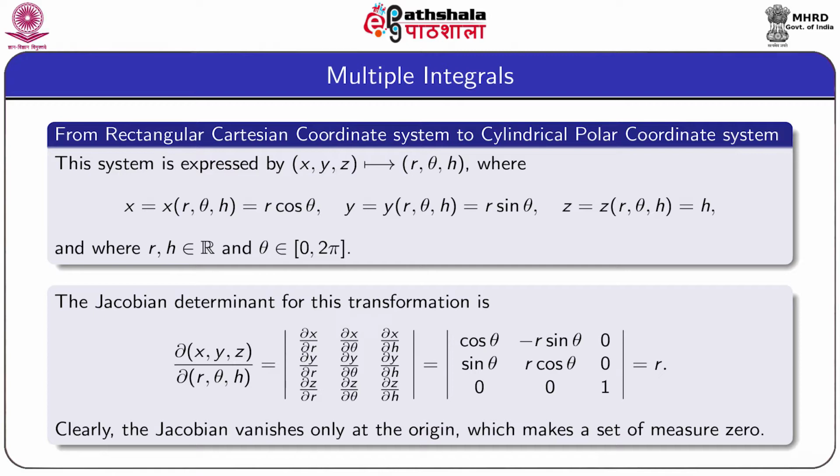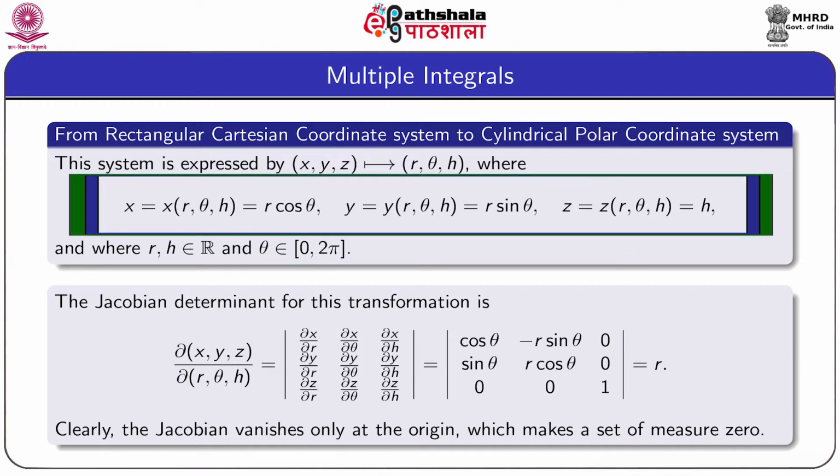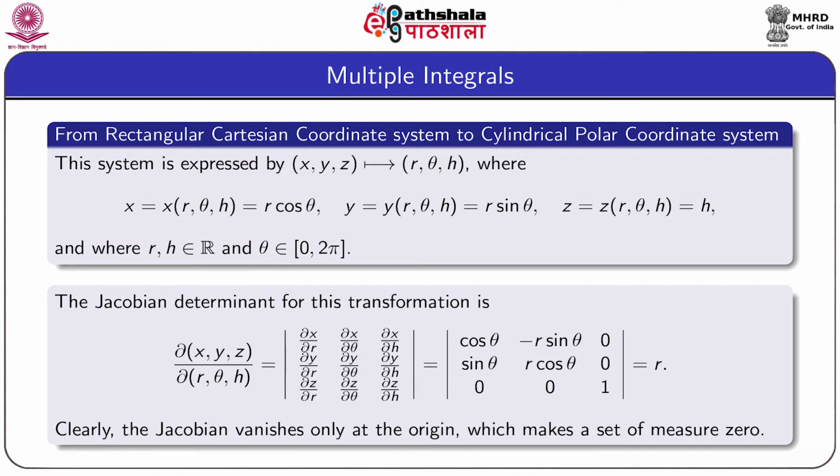This system is expressed by the ordered triplet (x,y,z) goes to the ordered triplet (r,θ,h), where x as a function of r, θ, h is expressed as r cos θ, y as r sin θ and z is h, where r or h are any real number and θ we consider from the bounded closed interval 0 to π.